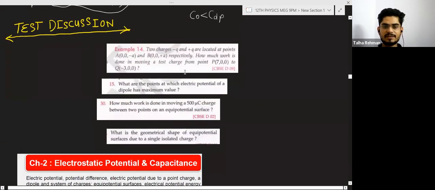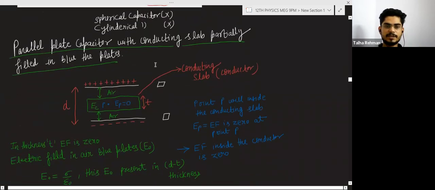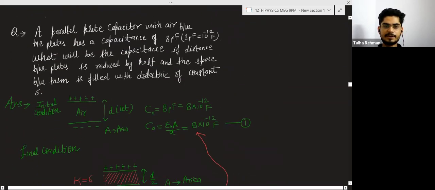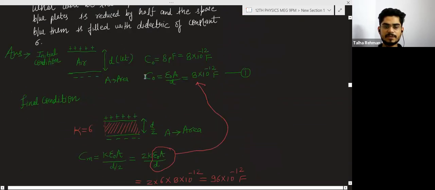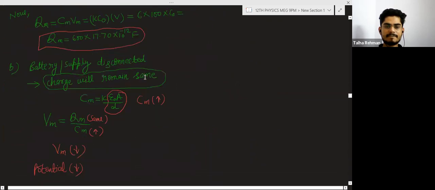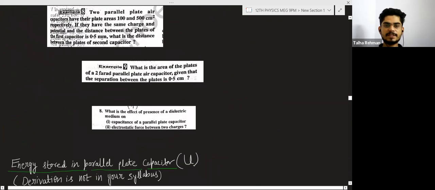We did the test also. After that we introduced a conducting slab partially between the plates of the capacitor, and we did some questions and numericals also. These types of questions you should prepare.